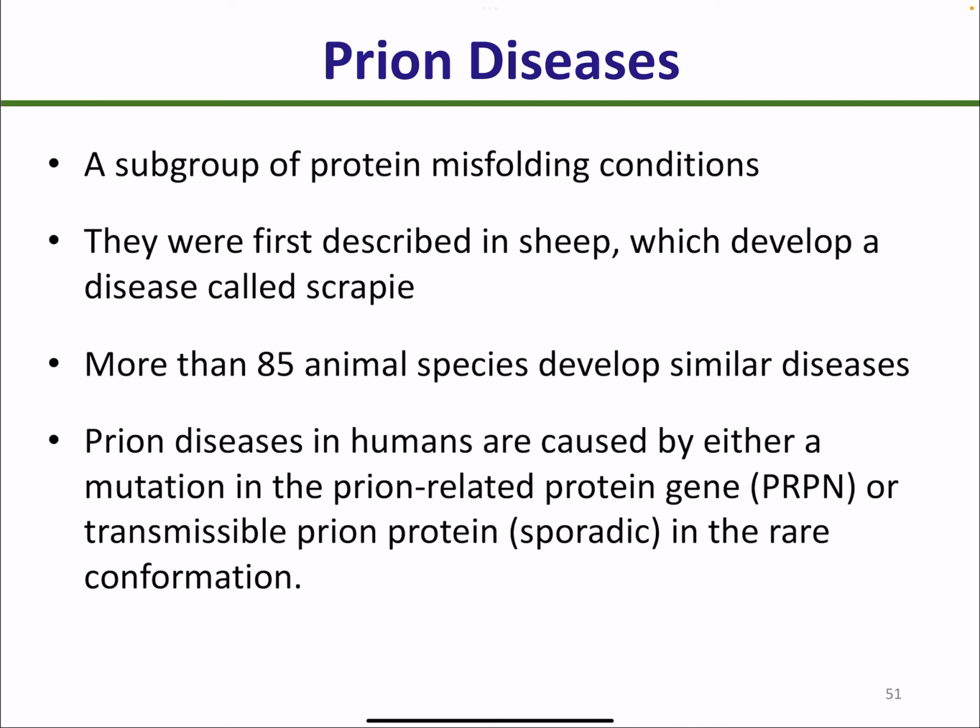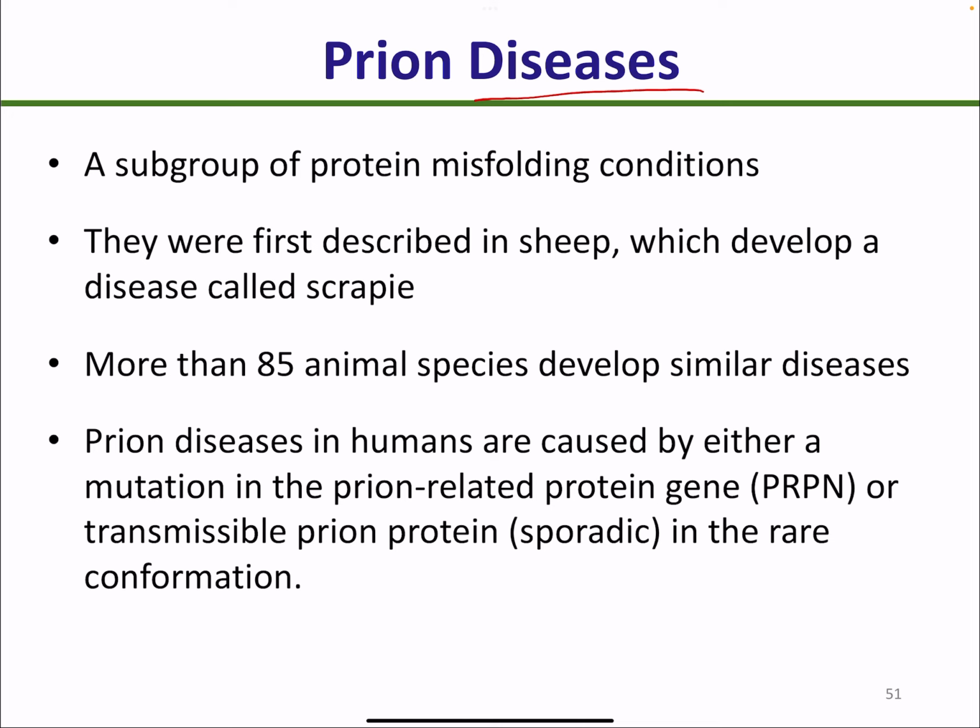And finally, but not least, I want to talk about the prion diseases. The prion diseases are a subgroup of diseases caused by misfolded proteins. Now, I'm not going to bug you with the history because of the time we don't have, but what we know is that prions actually cause neurodegenerative diseases.